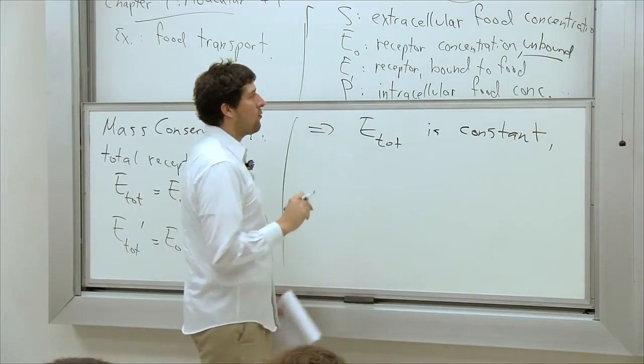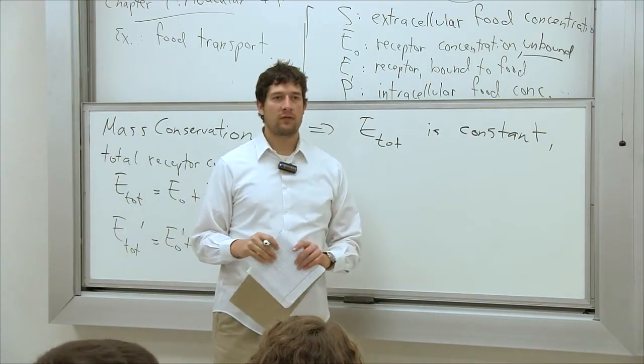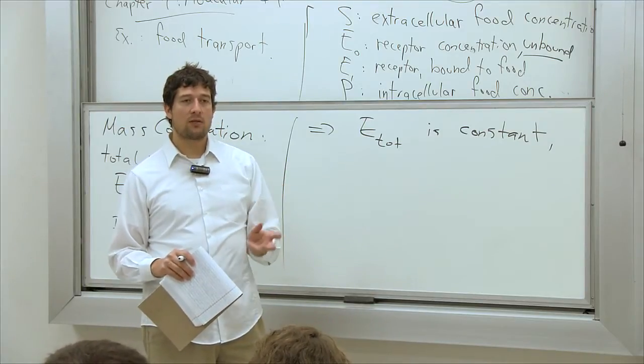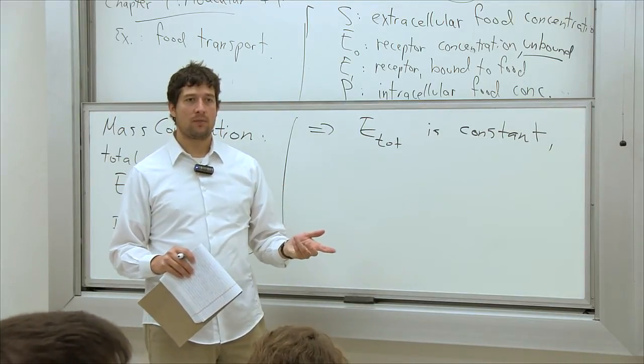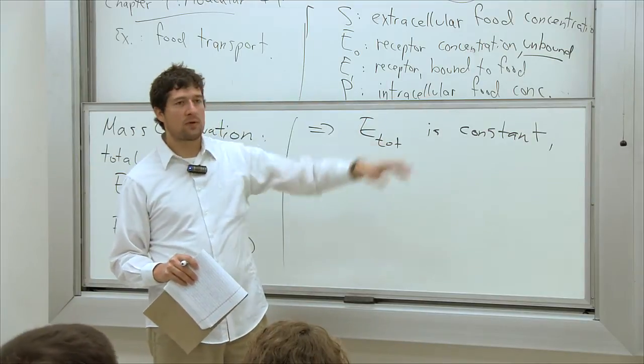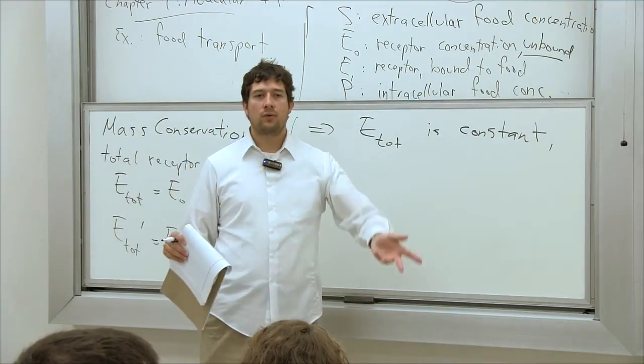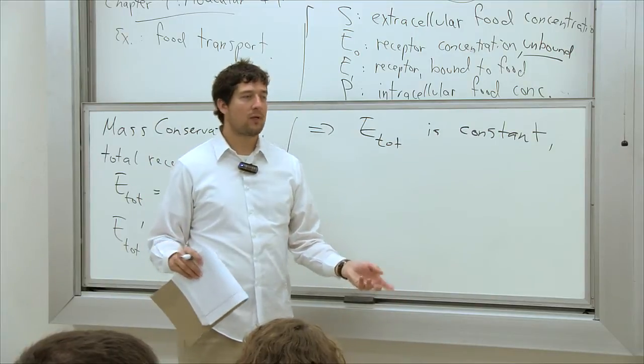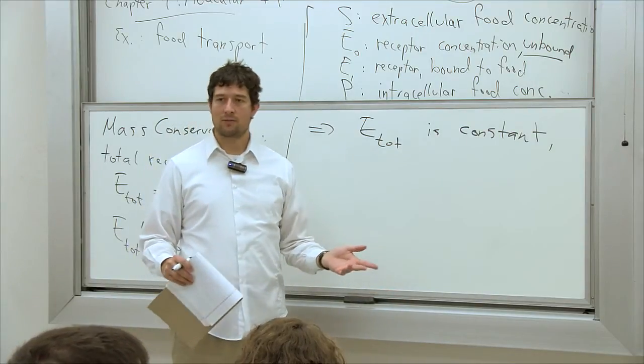Whatever you start with for E tot, that's the value that it stays with. It's not going to change. It's almost like E tot is a parameter of the model. You write all those equations down, and you ask what do you want the initial concentration of receptor to be? And you set it, and it doesn't change.